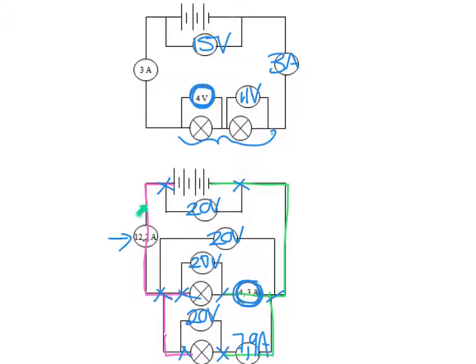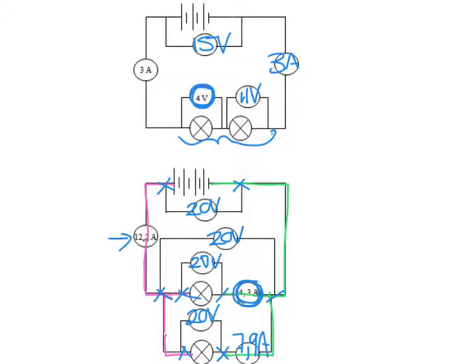Then I've used color here, and I've gone pink from the left until I hit a resistor. Same thing from the right. And what I notice is 1, 2, 3, 4 means 20 volts. This is connected between pink and green, pink and green, pink and green, pink and green. Ooh. So you find that it is exactly the same energy between those 2 points.